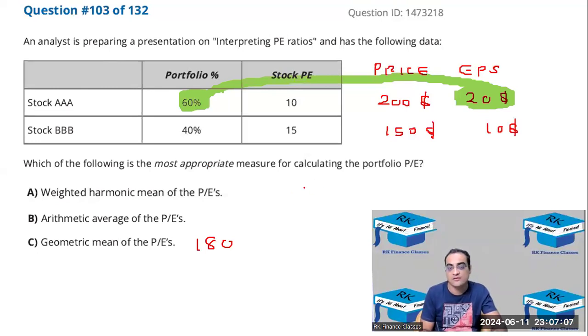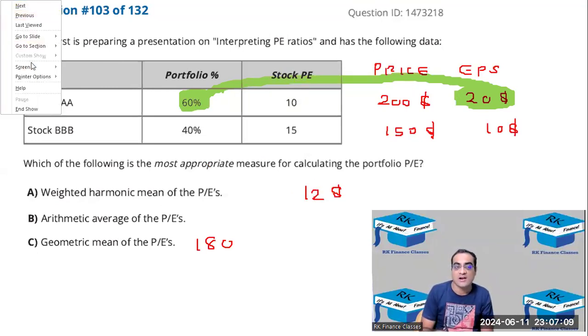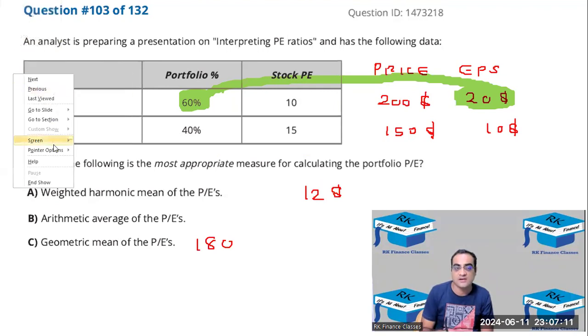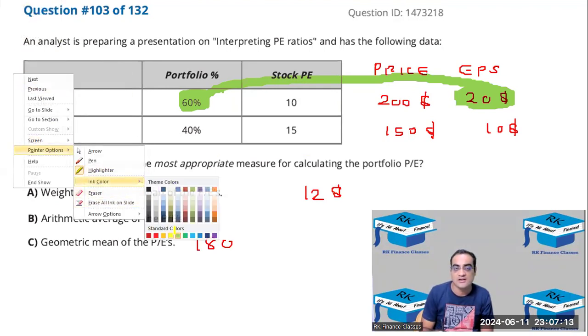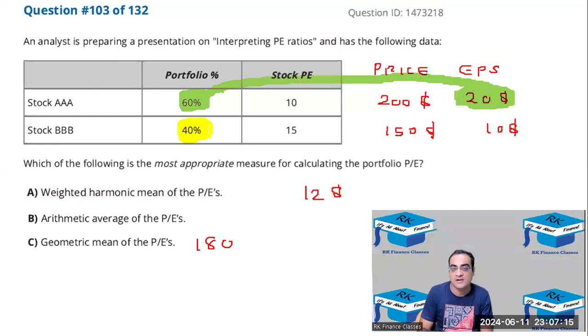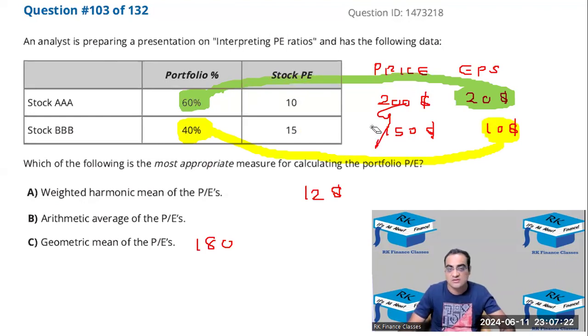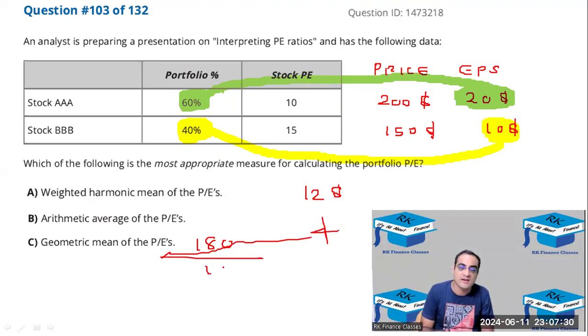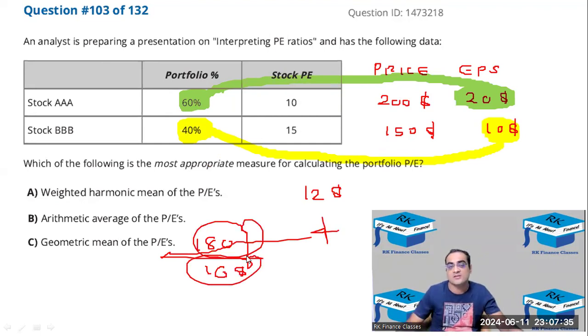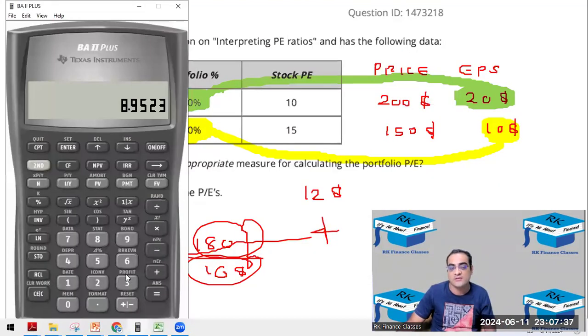Then 40% multiplied by the EPS of 10 is going to be 4. So that will be 12 plus 4, $16 of profit. Together it's going to be 180 divided by $16. 180 is the total investment, $16 is the profit. So 180 upon 16 is going to be the weighted harmonic mean.